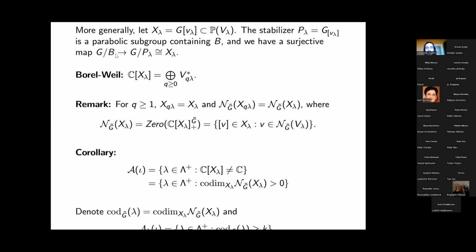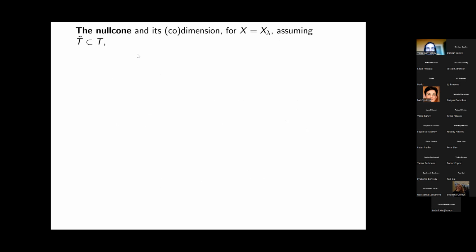So this is a simple combinatorial invariant of G. And the dimension of X lambda is, well, some roots inside delta plus, which are also easy to compute and well known. So the core part is not much of an issue, but we have to compute the dimension.